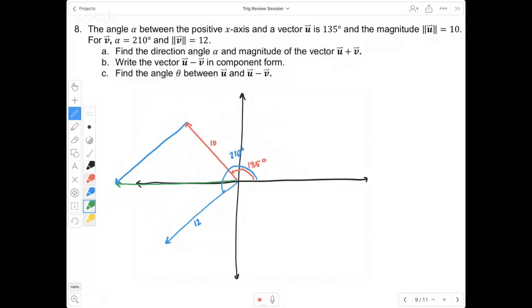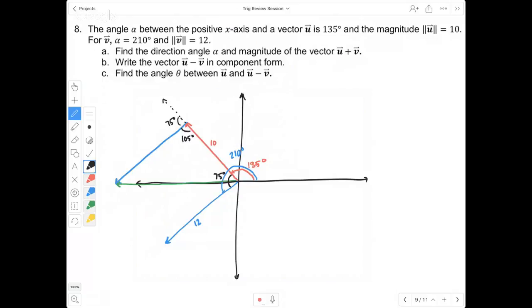I know the angle between 135 and 210, 210 minus 135, is 75 degrees. So this angle here is 75 degrees, and this angle would also have been 75 degrees. And that means that this angle must be 105 degrees.